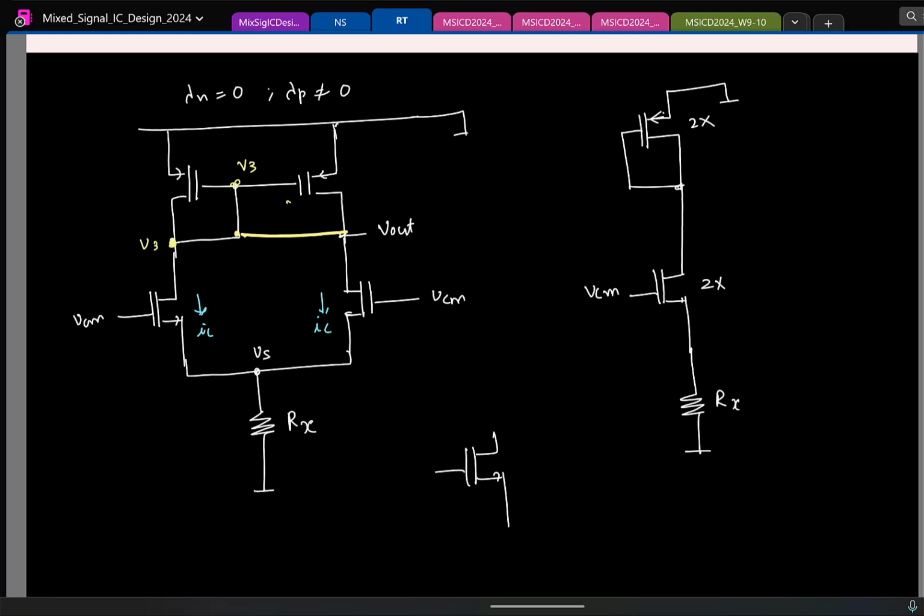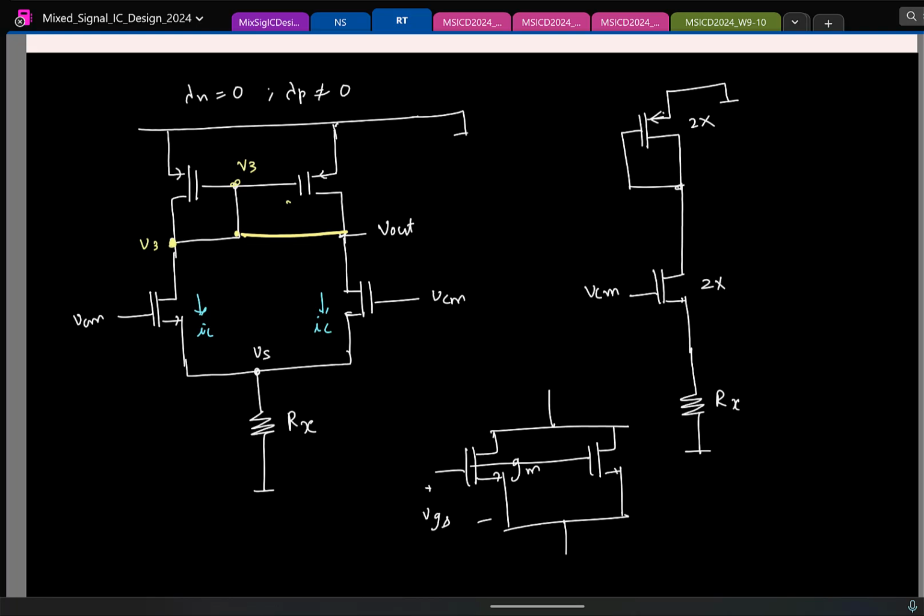I am saying that its transconductance is GM, right? That is, if I apply a VGS here, the drain current changes as GM times VGS. I take an identical copy of the transistor, make this connection. What will be the effective GM? 2 times GM, is this fine?